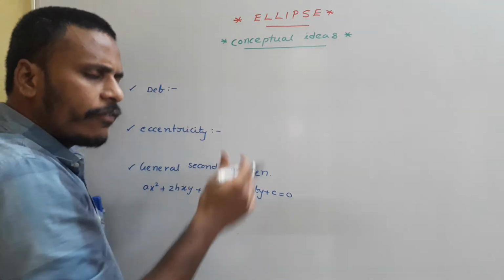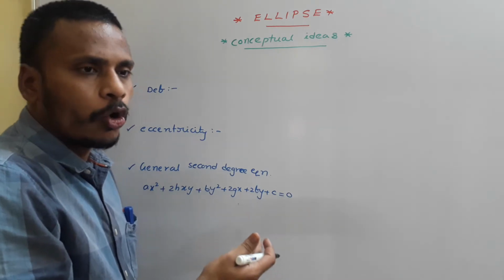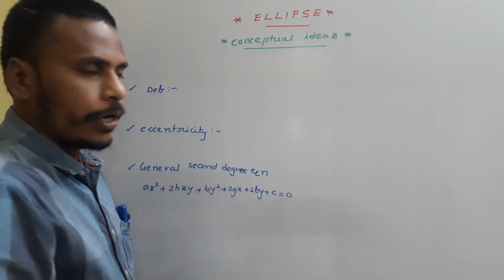Every conic section, or every shape of geometry, is simply the locus of a point.